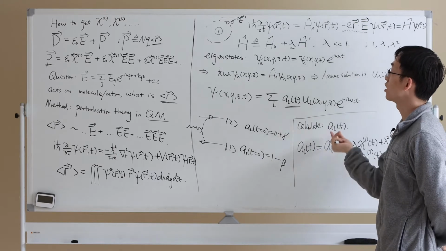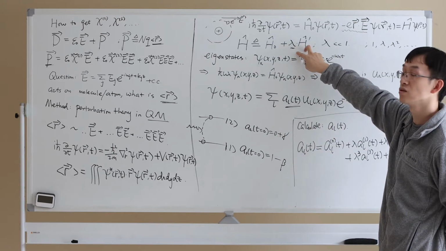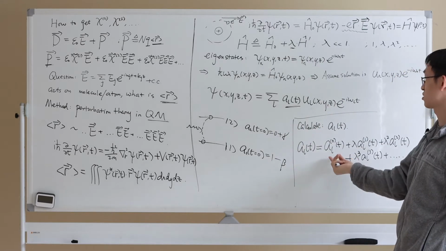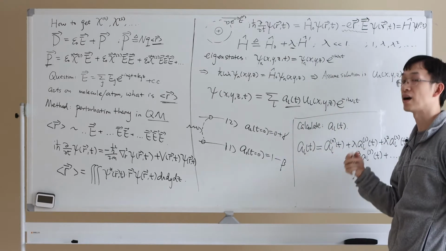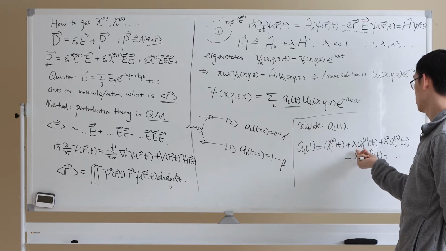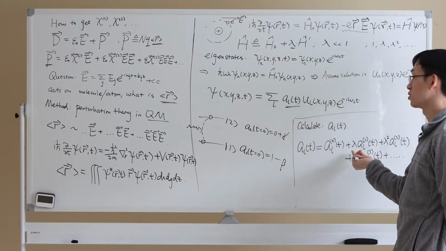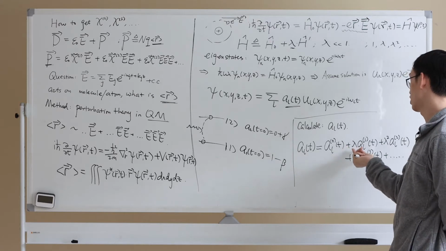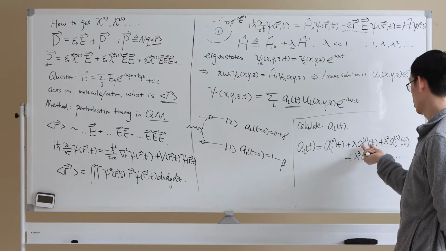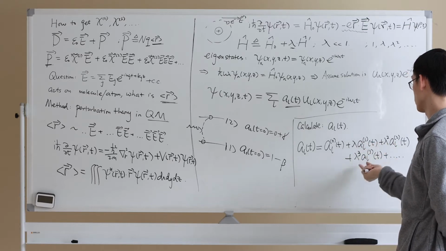You can imagine that with the perturbation, A must change from its original value. How does it change? It changes by the Taylor expansion in lambda, and when you do a Taylor expansion you always have a coefficient associated with it.